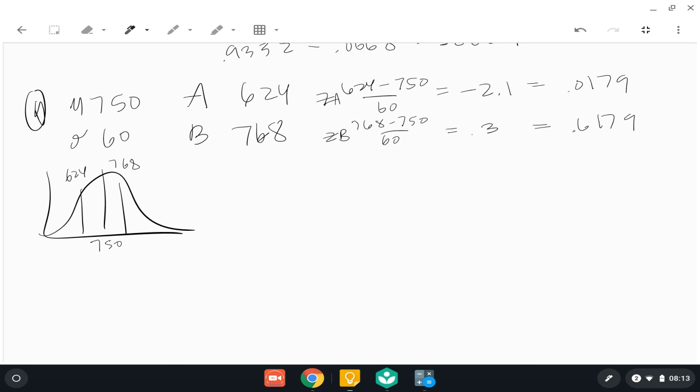This area is represented by 0.6179, which is the whole thing, minus the area for 624, which is 0.0179.